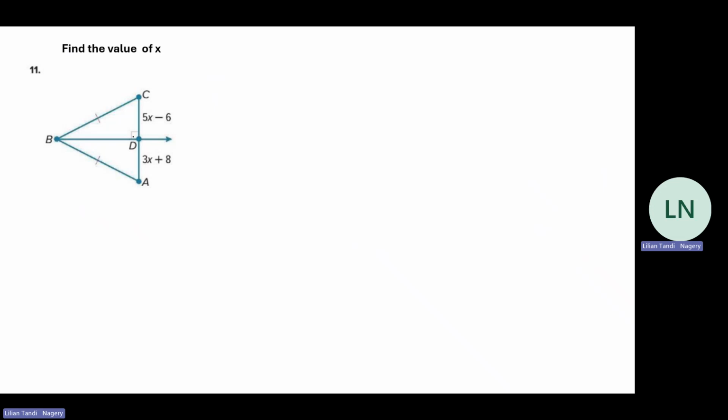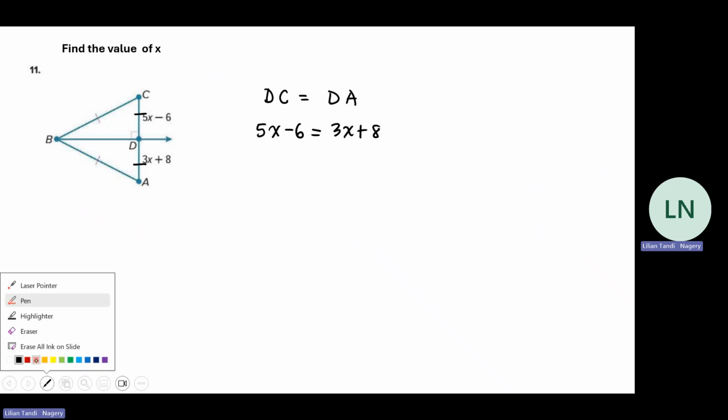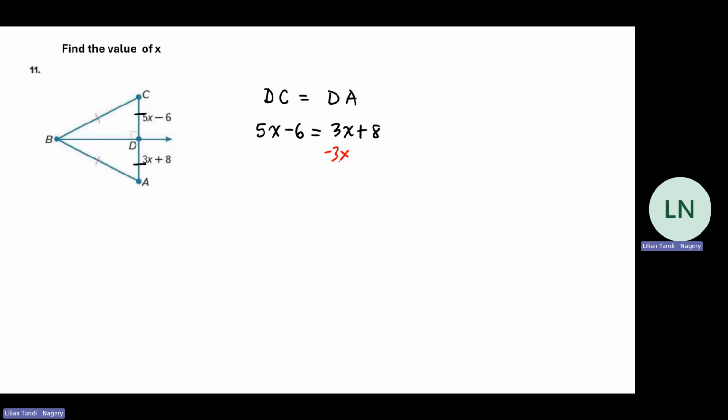Okay? Do I have 90 degrees? Yes. If I have 90 degrees, then DC is equal to DA. DC is 5x minus 6 equals 3x plus 8. What should I do? I should put my x's together. So I will subtract 3x on both sides, and I should add 6 on both sides.